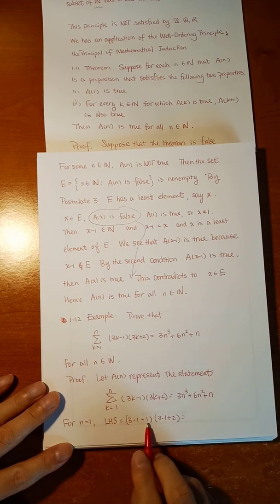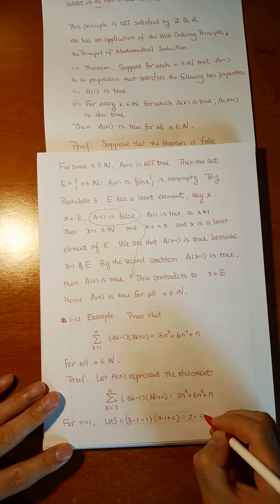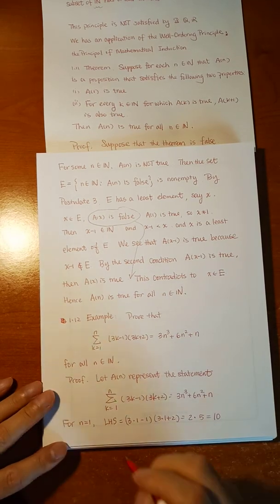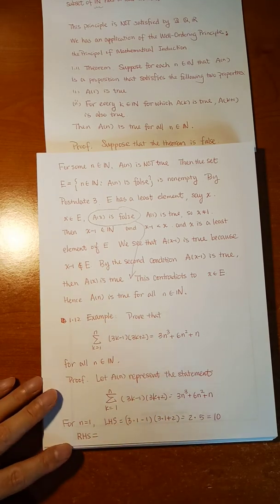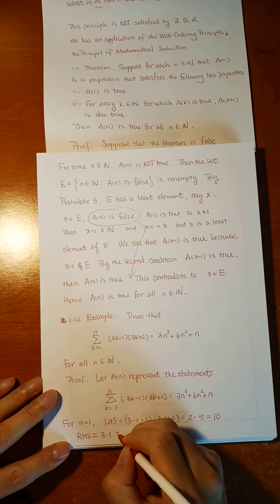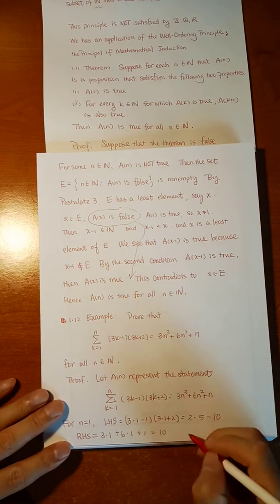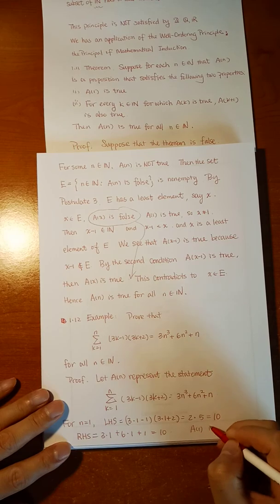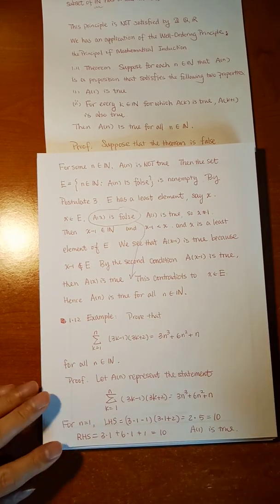So 3 minus 1 is 2, 3 plus 2 is 5, it's 10. The right hand side is 3 times 1 cubed plus 6 times 1 squared plus 1, which is 10. Left side is equal to right side. A of 1 is true.